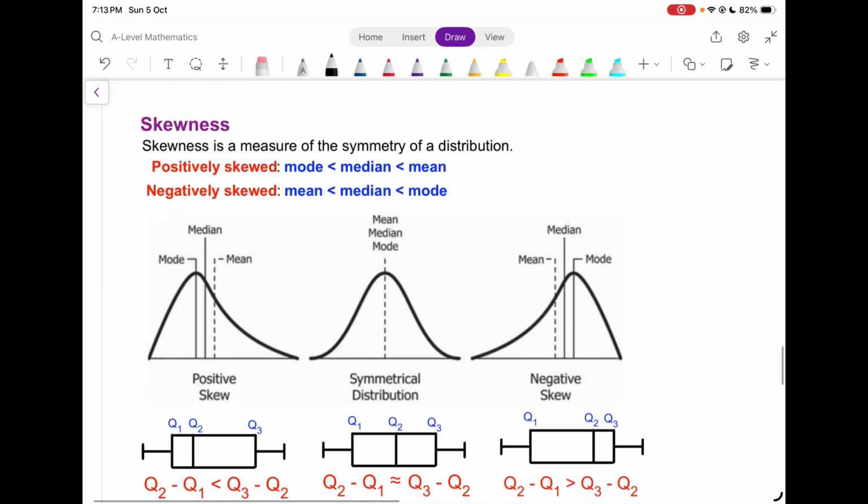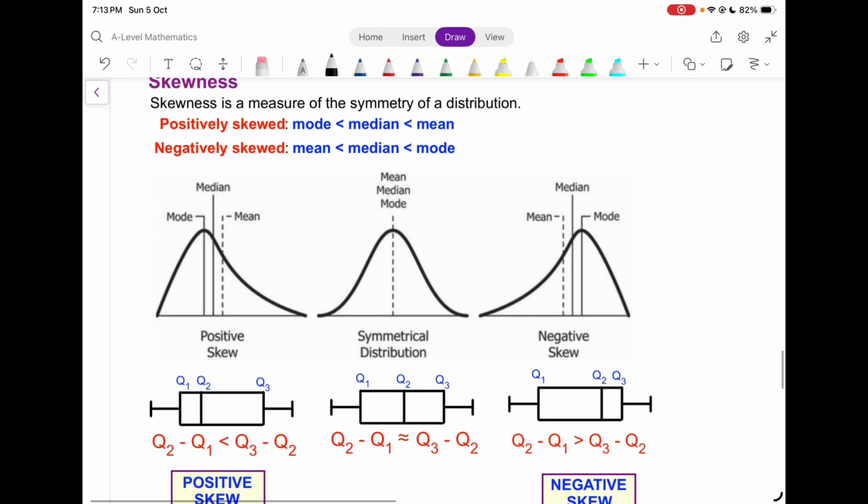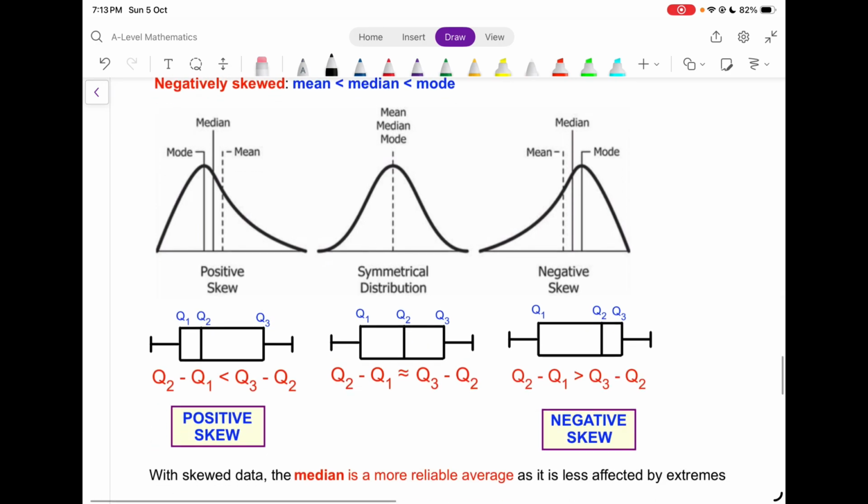Now, mentioning skewness. Skewness simply means bias to one side or not. It could be easy or hard, weak or strong, or tending towards higher IQ or lower IQ. It really depends on the result. But how can I find the skewness? It depends on the range from the median to Q1, the lower quartile, and from the median to the upper quartile.